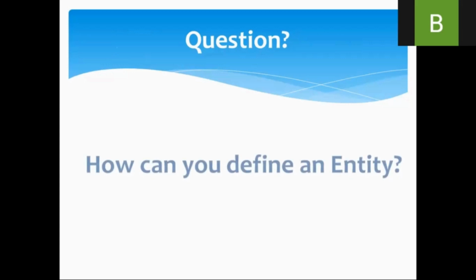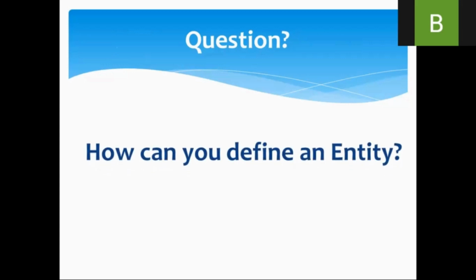How can you define an entity? Now I will tell you about the entity in detail. My dear, an entity can be a thing, a person, a place, or a concept in the real world.